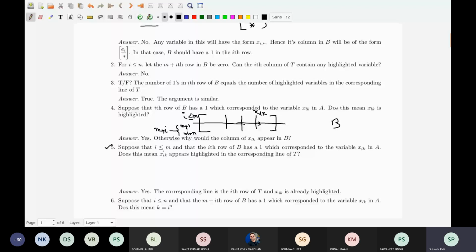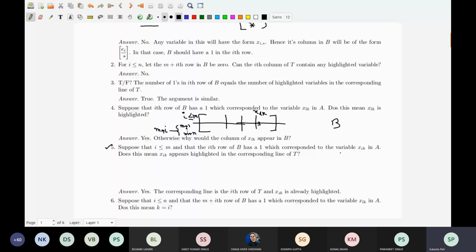You are talking about a row of the first m, and the variables start from x11 and go up to xmn, and there will be something in that ith row which corresponds to the variable xik, because a one can only be there in this form.